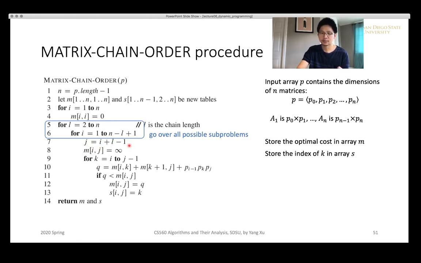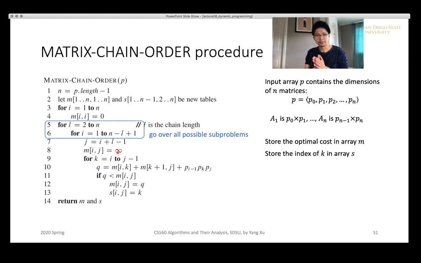Only by this J can we identify the subproblem that starts with index I and has size L. So this J is defined here. At line 8, we initialize the value in MIJ to be infinity. That's for the convenience of later comparison in this third layer for loop.